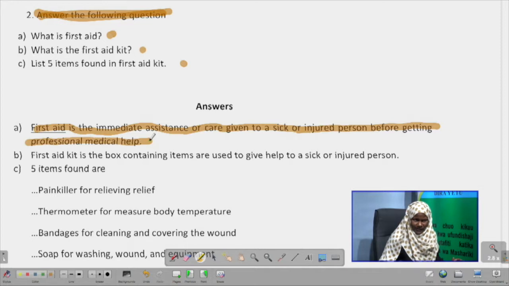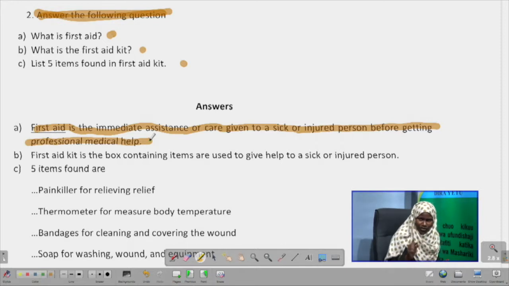So when you see someone who has met with a minor or major accident, and you want to help that person, the activities that you are doing are what we call first aid. The assistance or care you give to that sick or injured person before sending that person to the hospital is what is known as first aid.